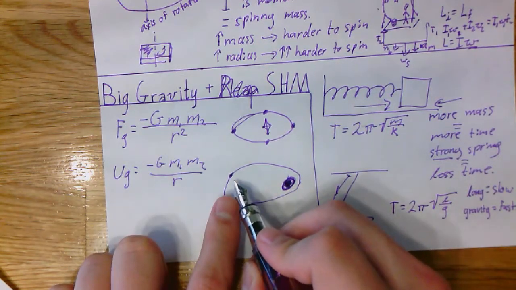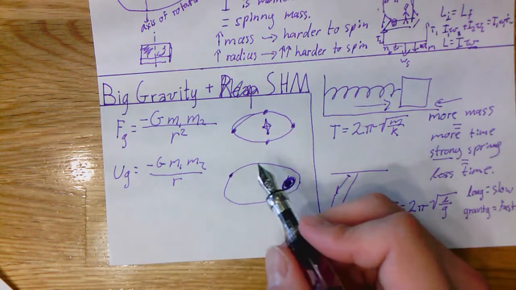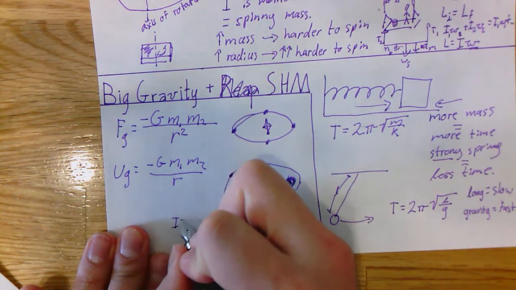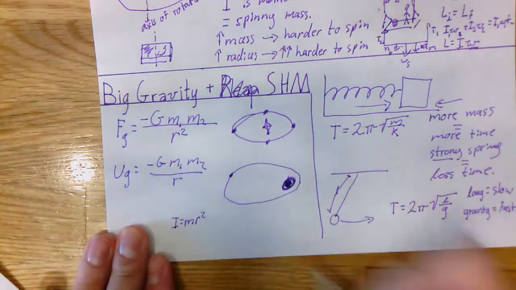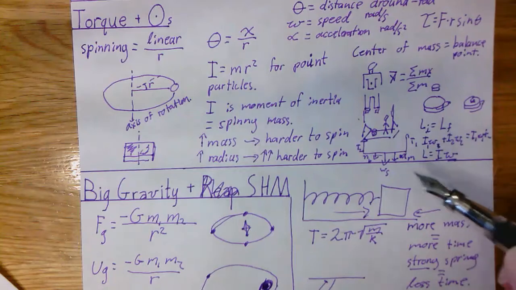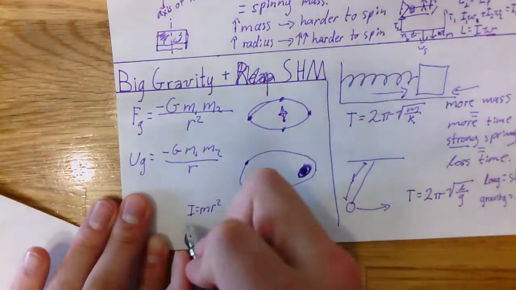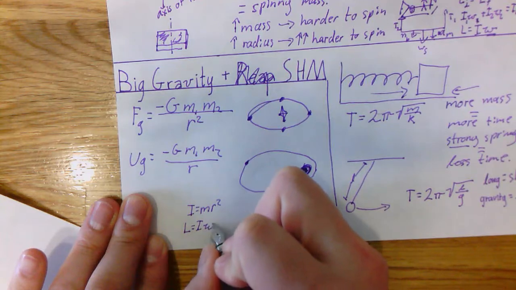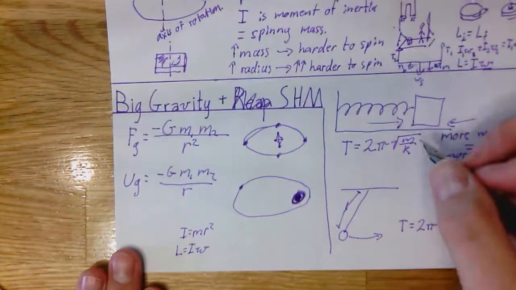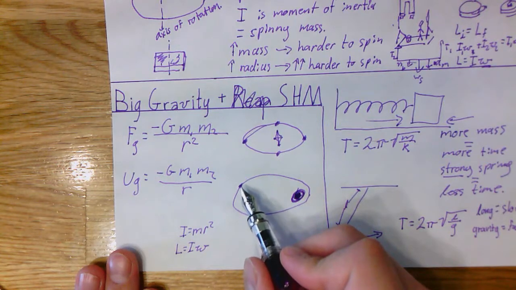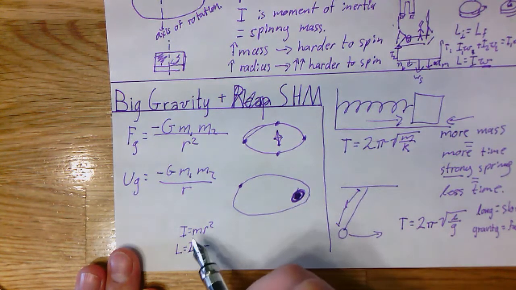When our object is far, let's look at just the angular momentum of this object, or the moment of inertia. I equals mr squared. And we're gonna look at our angular momentum, which is right here, L equals I omega. All right, so when this thing is moving, our planet or a little asteroid, does moving change your mass?